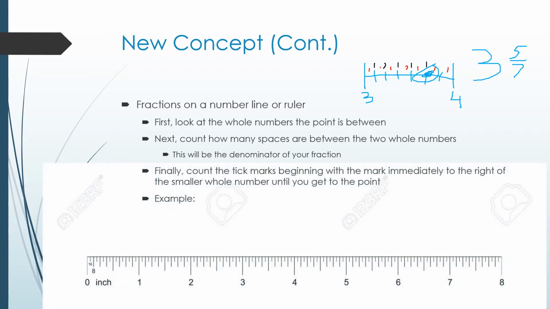Our example is going to be on an inch ruler because you're going to have to be able to measure using fractions of an inch. Now this picture of an inch ruler already has labeled what the different marks mean. Your longer marks, like this one, are your 1/8 of an inch, and your smaller marks, like the one next to it, are your 1/16 of an inch.